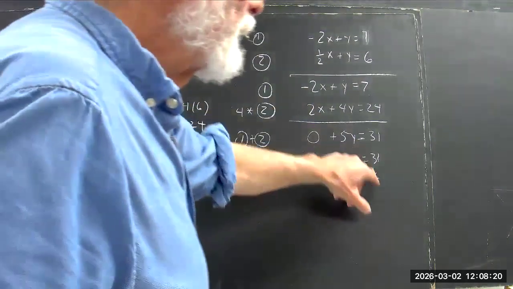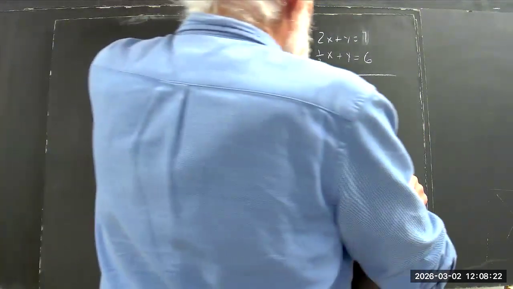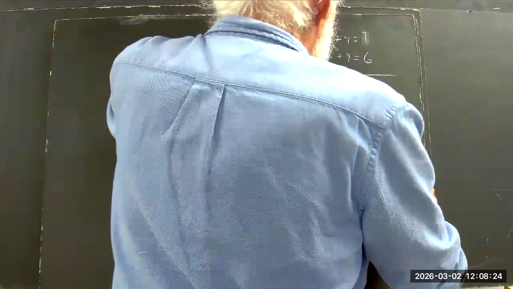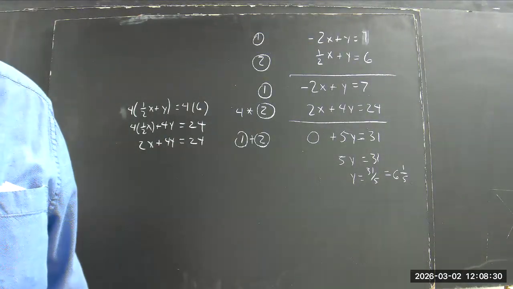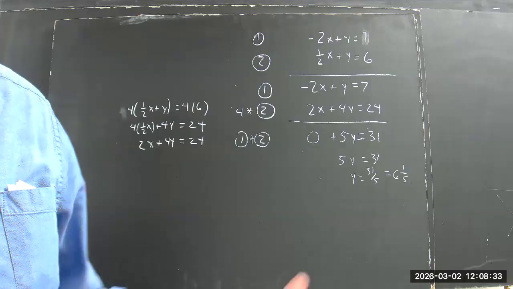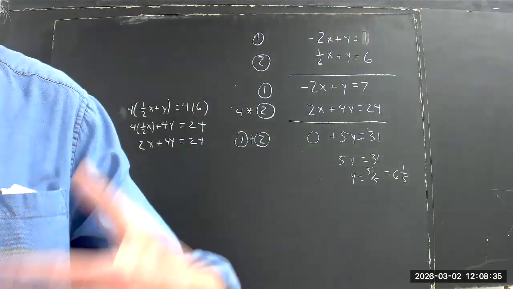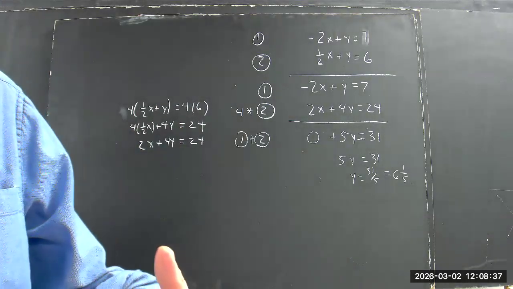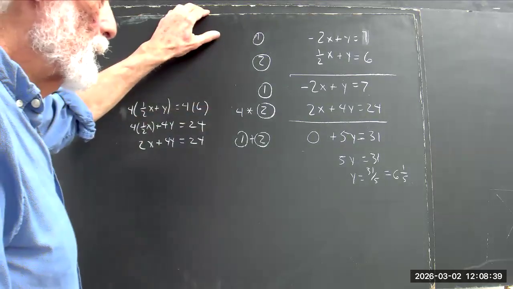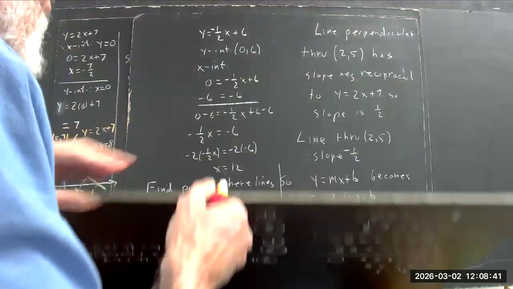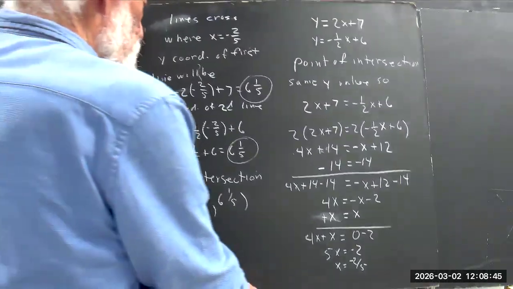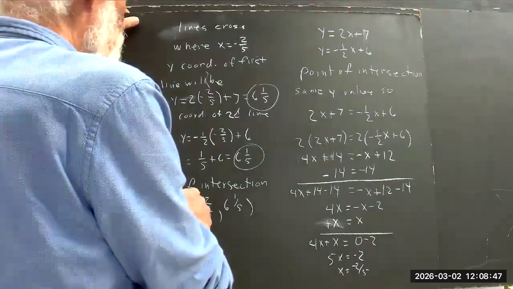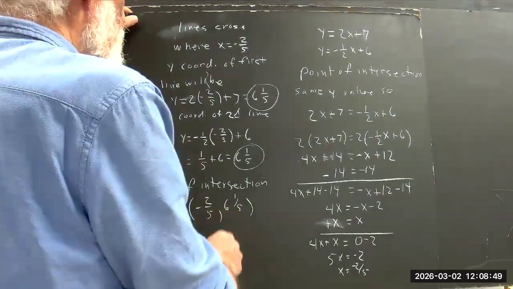Well, if you put that into mixed number form, that's 6 1/5, which you should recognize is what we got for the x-coordinate of our intersection point. And just to make sure everybody who can see the board sees this, you see the intersection point was negative 2/5, 6 1/5.